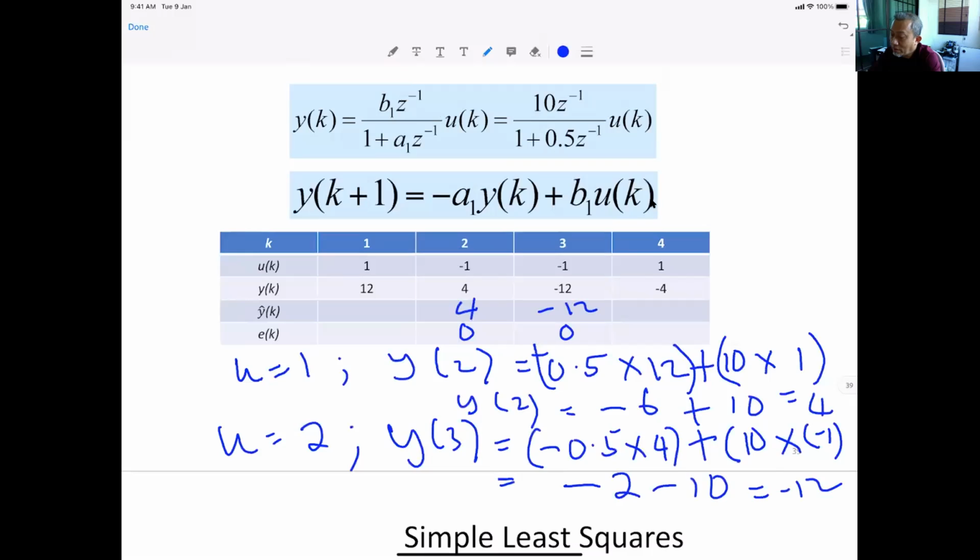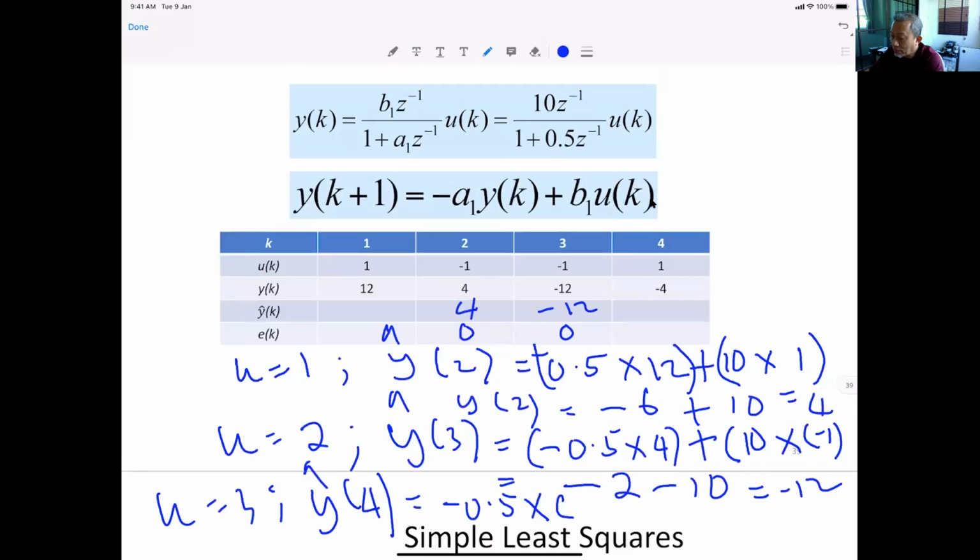The next one is K is equal to 3. Y4 estimated, which is minus 0.5 multiplied by Y3.